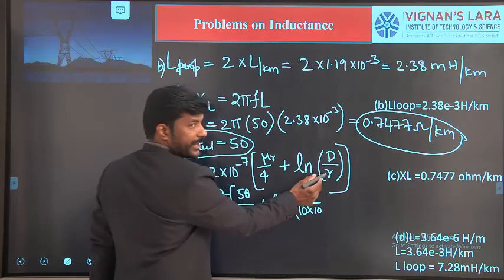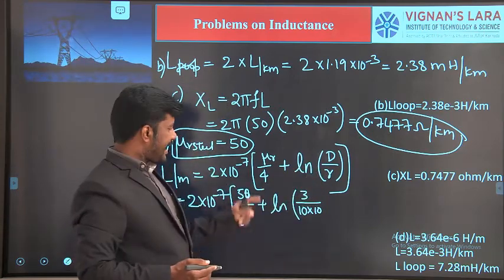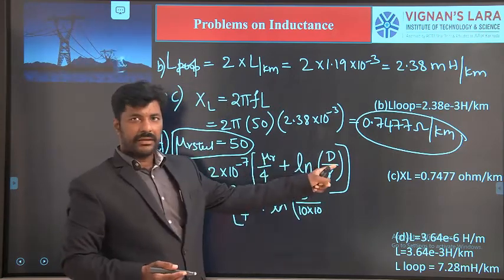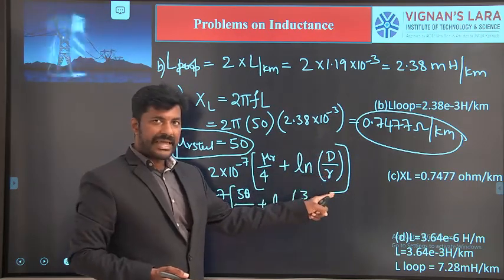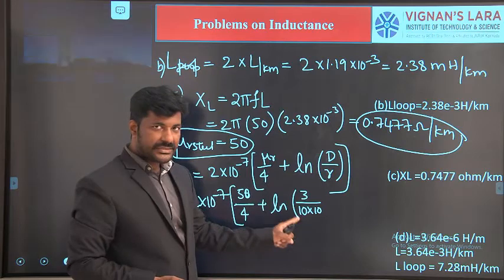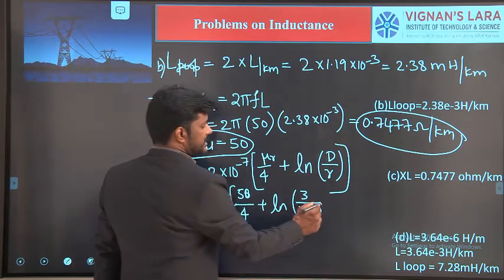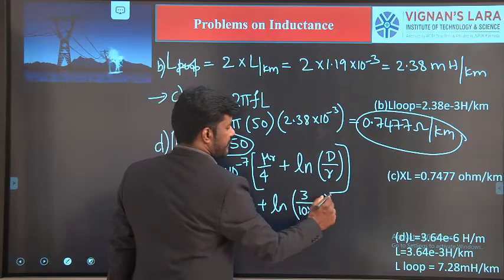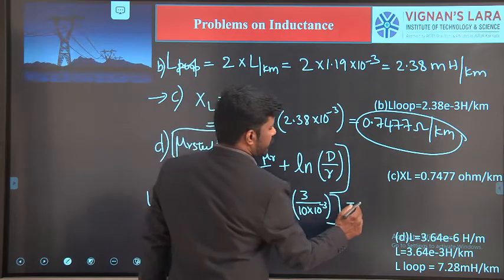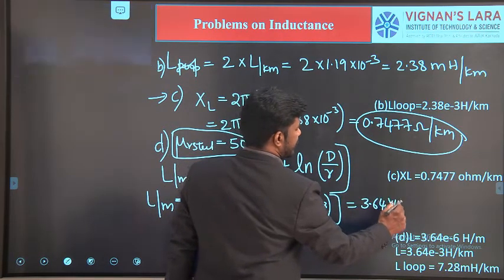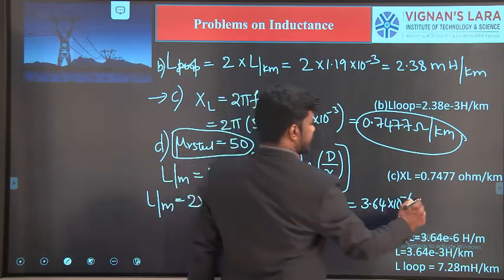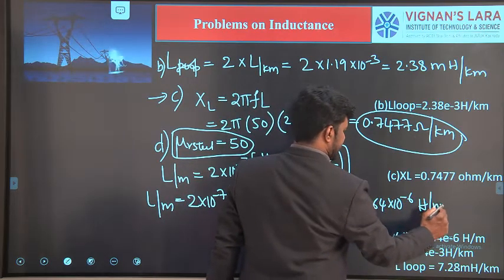You don't put r dash here because I have not taken 1 by 4 to there. If I took this 1 by 4 to there, then this r becomes r dash. Now it is not r dash. Turn it to 10 power minus 3. Simplify it and you will get a value of 3.64 into 10 power minus 6 Henries for 1 meter length.